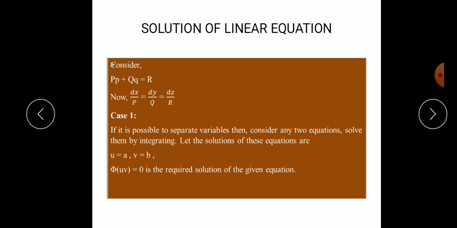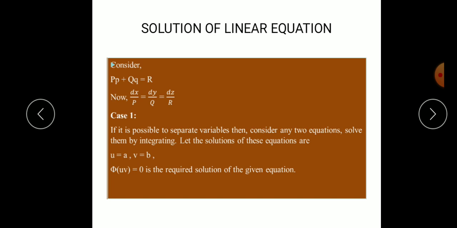So students, remember here that we find two independent integrals of the auxiliary equation, which are represented here by u equal to a and v equal to b.